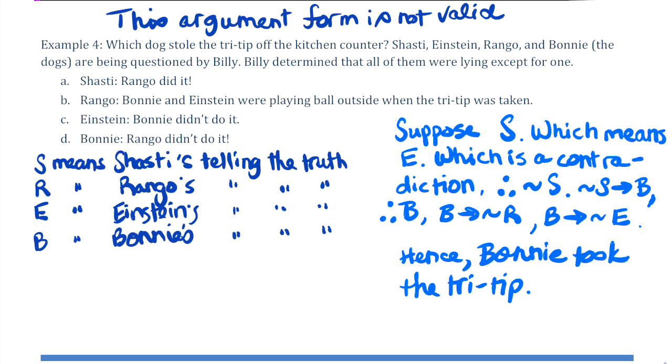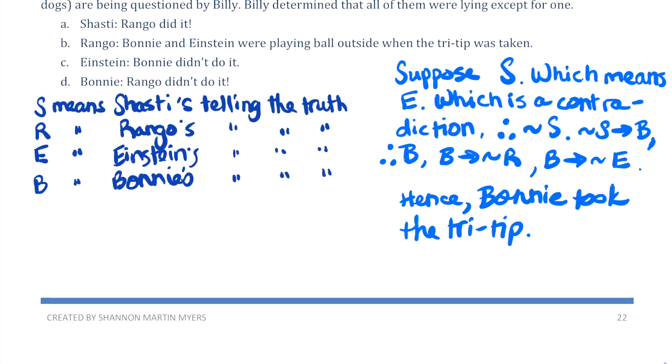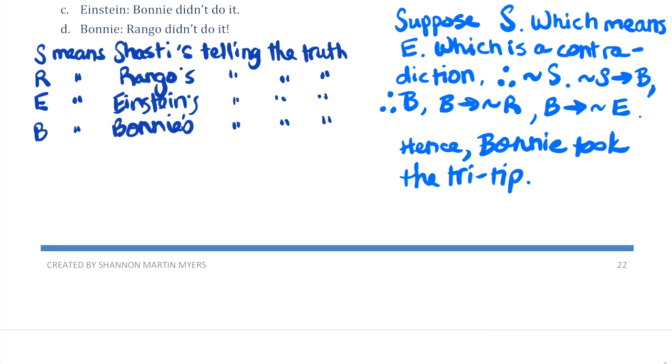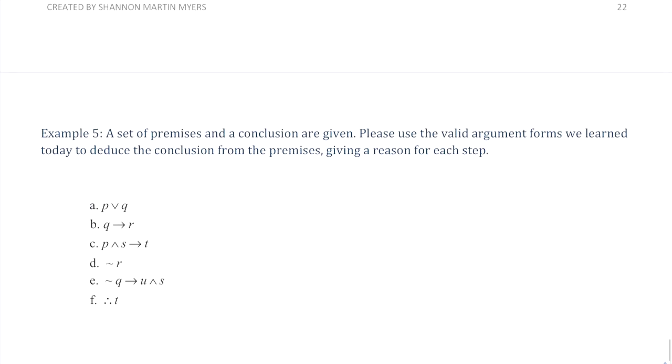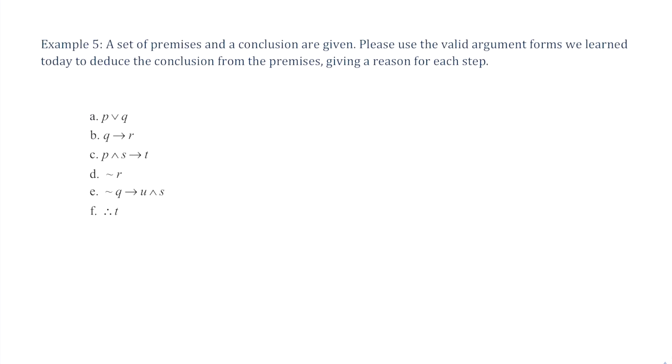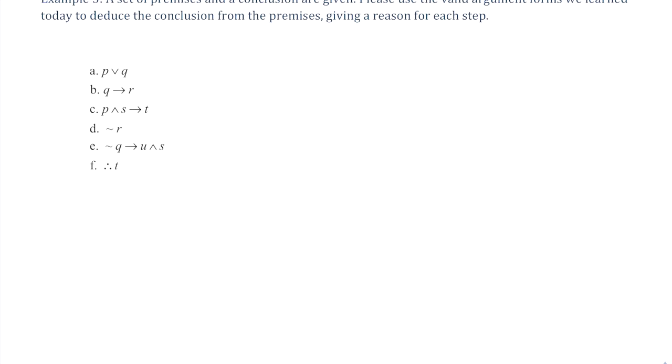All right. So that's kind of a harder one to reason through, but that's okay. You just take it in pieces and do the best you can. Just go slow and no freaking out. So this last example, A, B, C, D, E, F, these are all premises, right?